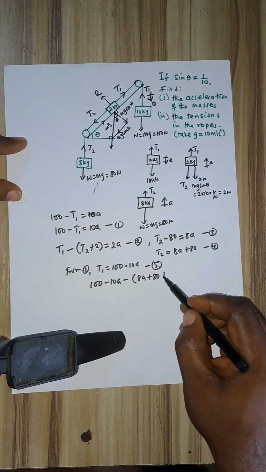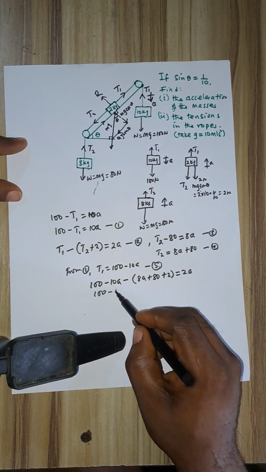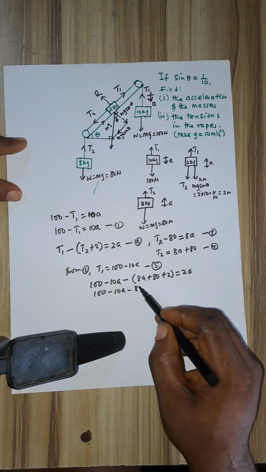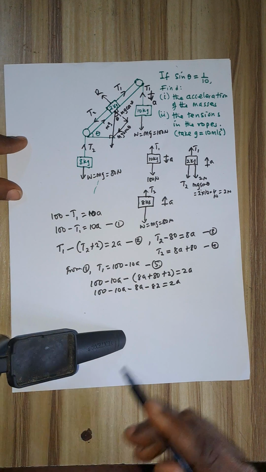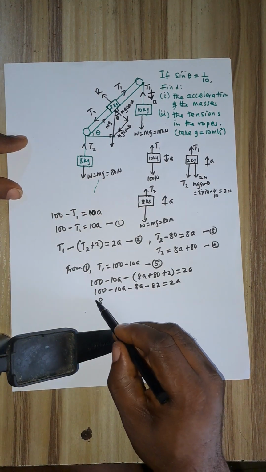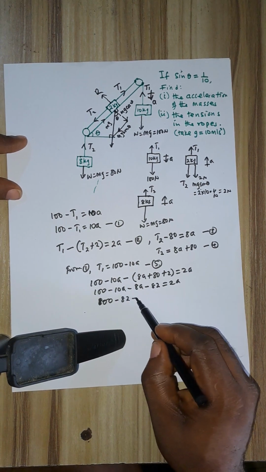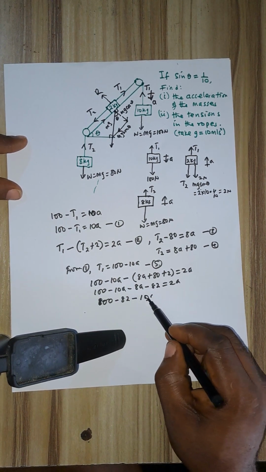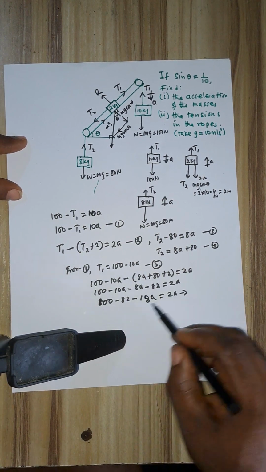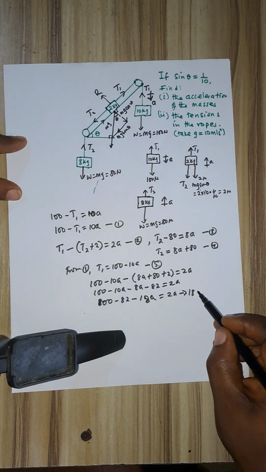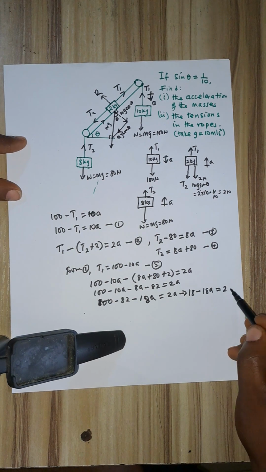See that? Now plus 2 equals 2a. So we have 100 minus 10a minus 8a minus 82 equals 2a. See that? So we have 100 minus 82, this is 18. Minus 10a minus 8a is minus 18a equals 2a.